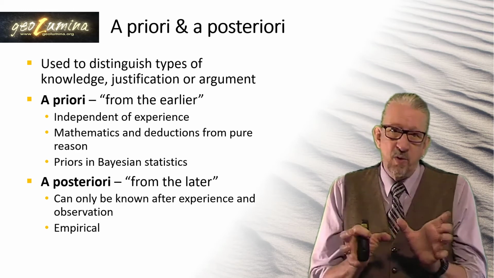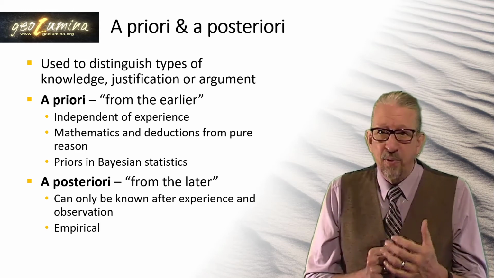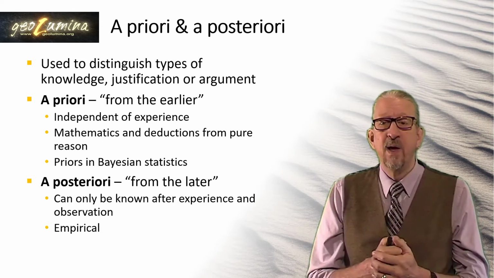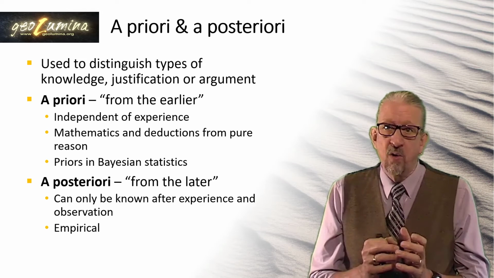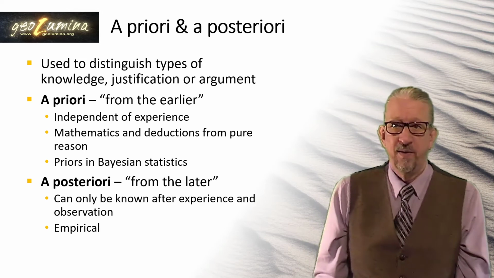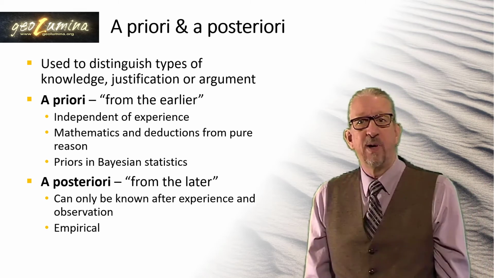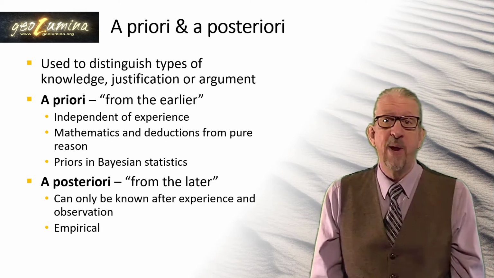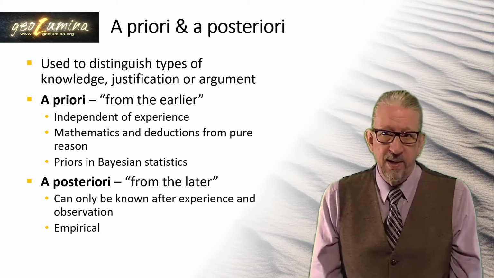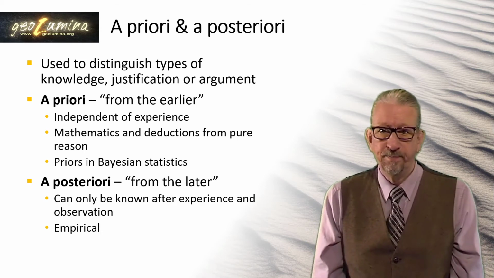So when you see those words, a priori is something we can justify before based on reasoning, or a posteriori is something which we will only know after the observation, the experience, the measurement. It's empirical, basically. So that's a little indication of a priori and a posteriori.